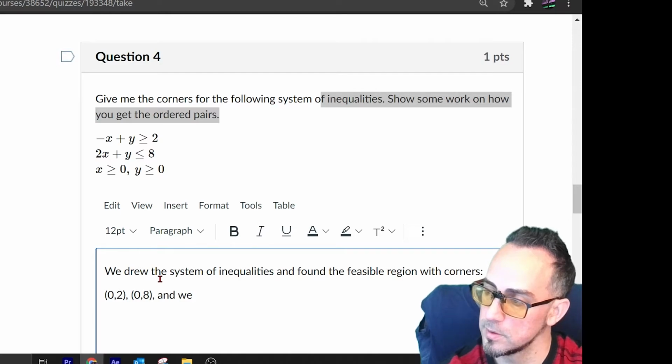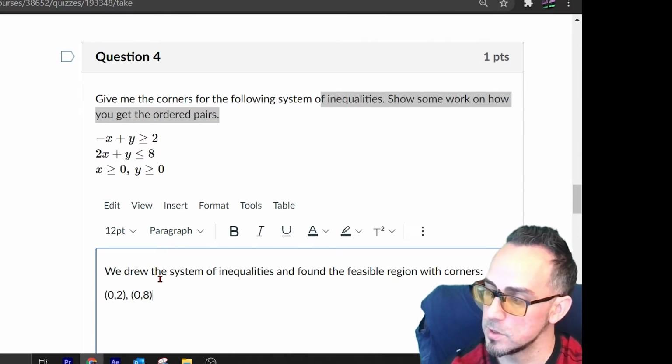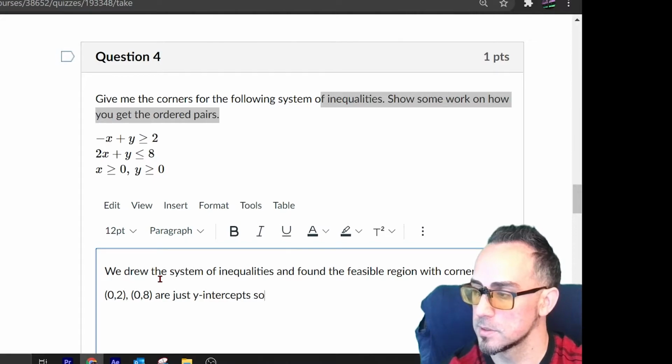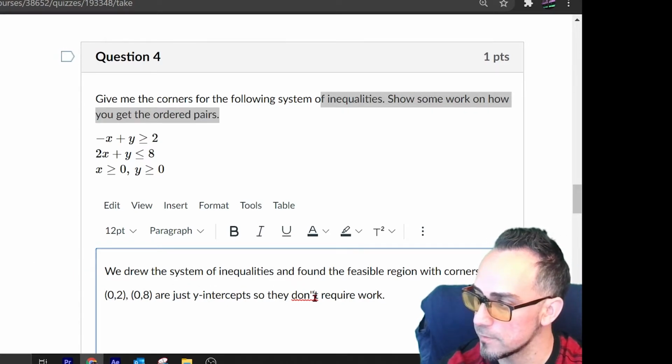We found the corners. 0, 2 and 0, 8 are just y-intercepts, so they don't require work. Those can just be observed. We don't need to do work for those.